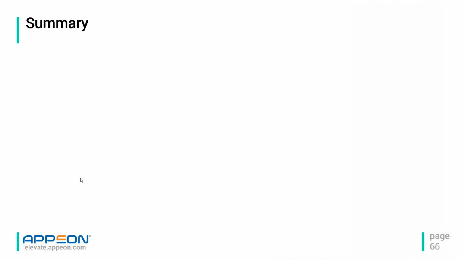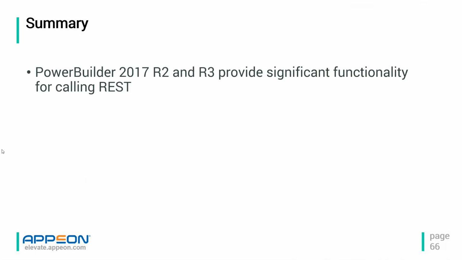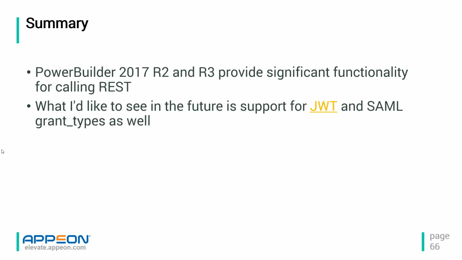Okay, so in summary, I know we covered a lot here. But these are all features that are introduced in PowerBuilder 2017 R2 and R3. So we have really greatly expanded our ability to use REST and to use OAuth.